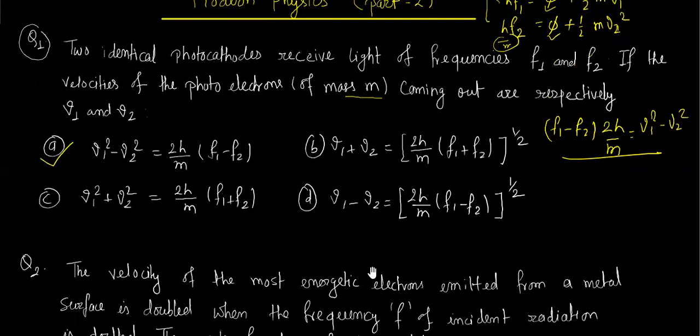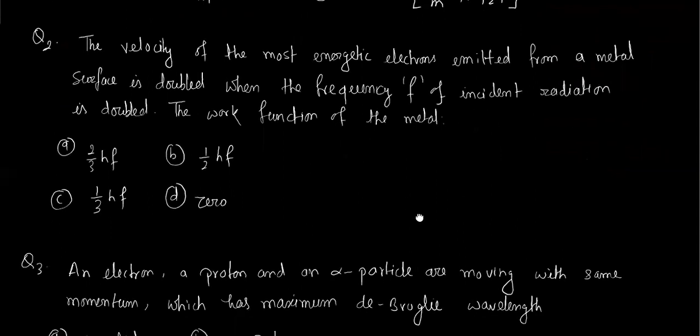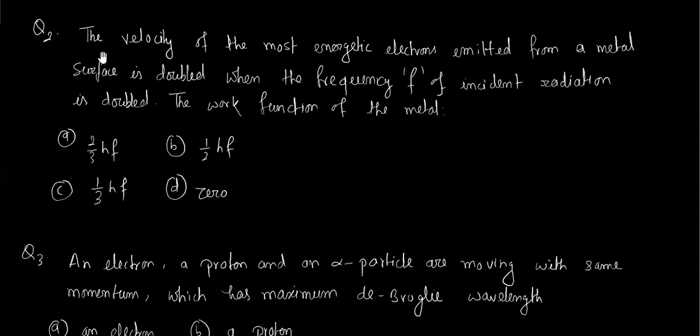Now let us move to question number 2. It is given that the velocity of the most energetic electrons emitted from a metal surface is doubled when the frequency of the incident radiation is also doubled. What is the work function of the metal? Let us do a rough calculation.